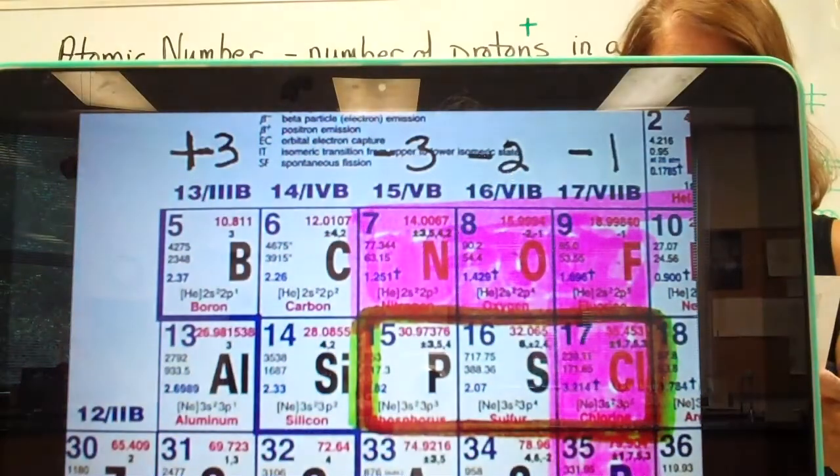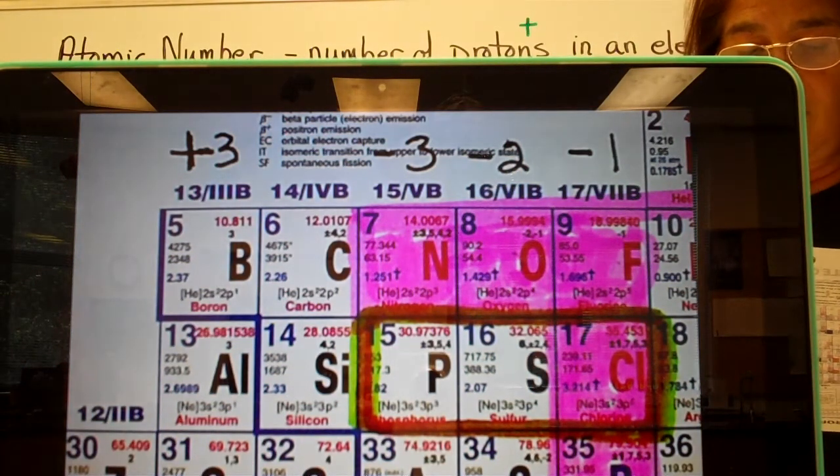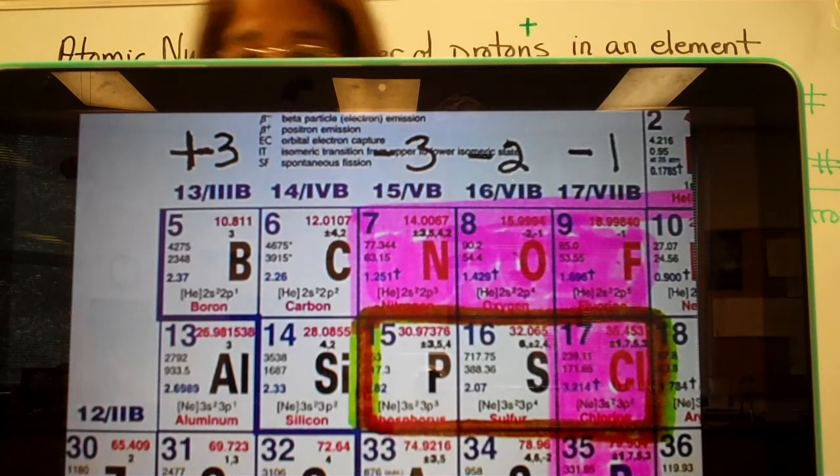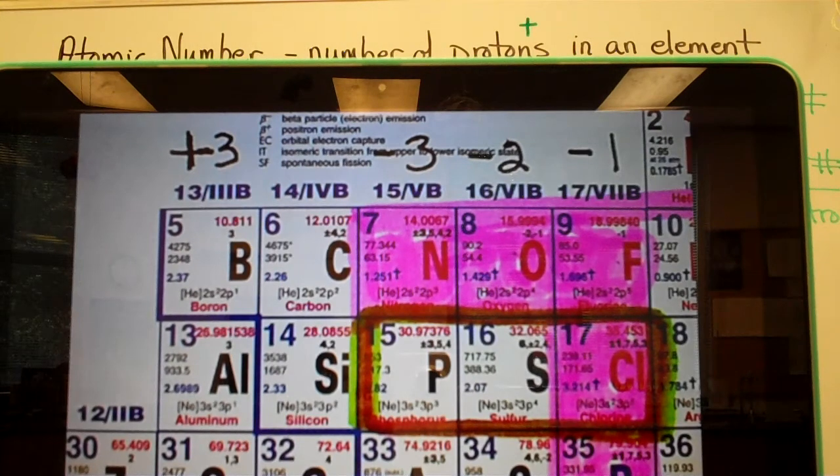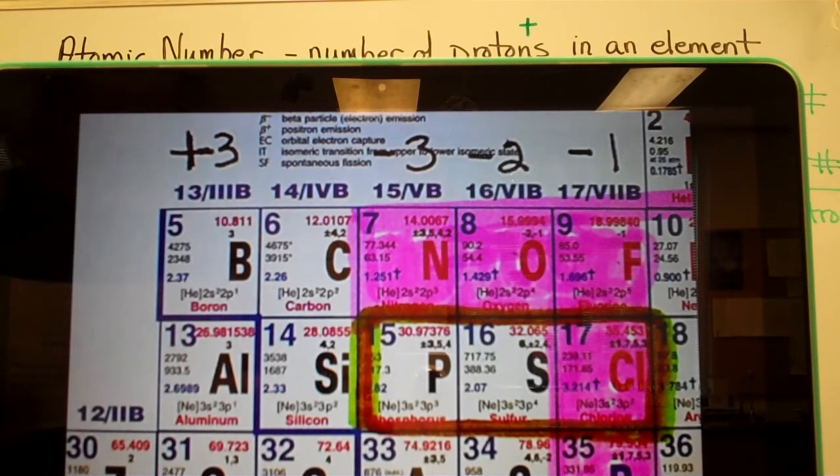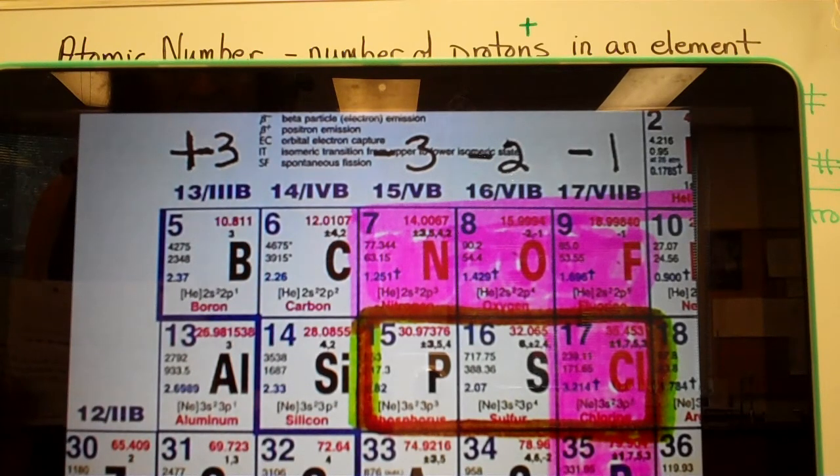Looking again at the periodic table, let's just try aluminum as an example. Aluminum has a mass number of, well, we would round that number off to 27. 27 is the total number of protons and neutrons. And it has 13 protons.